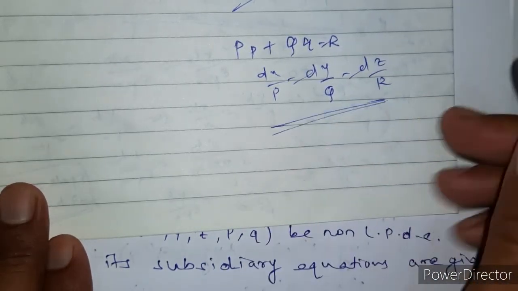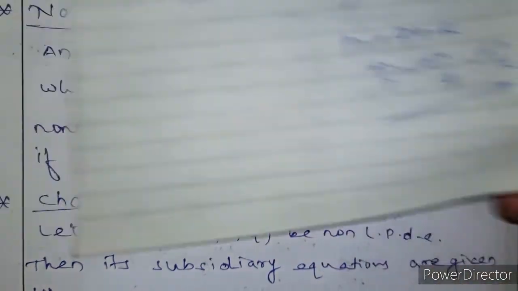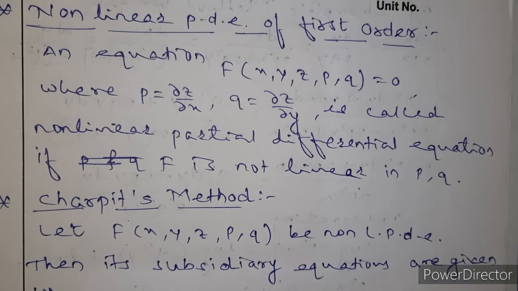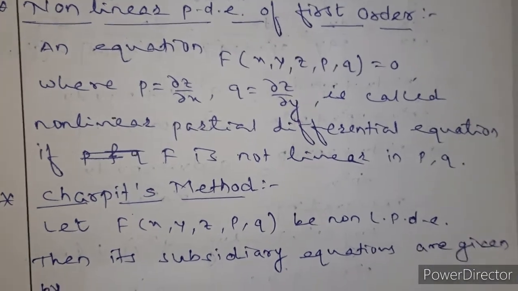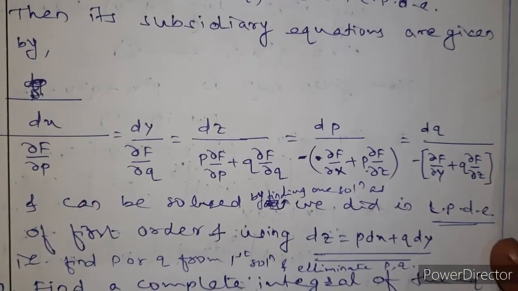In the same way, Charpit has given formula to write this non-linear equation into subsidiary equation. Now which is that subsidiary equation? Here we have to remember this formula. Formula is in front of you. See carefully and try to understand it.